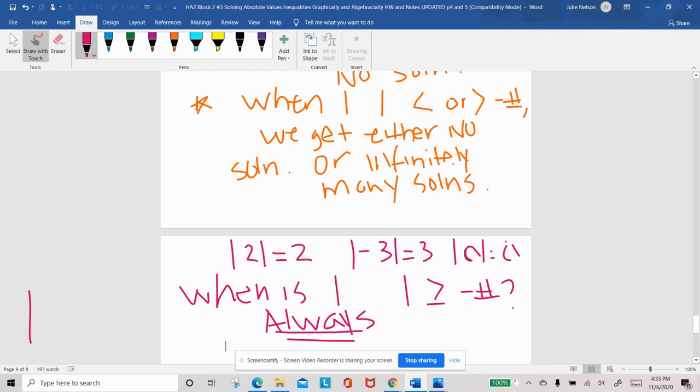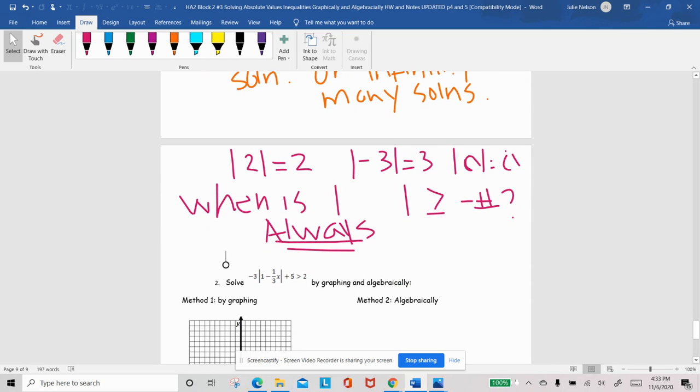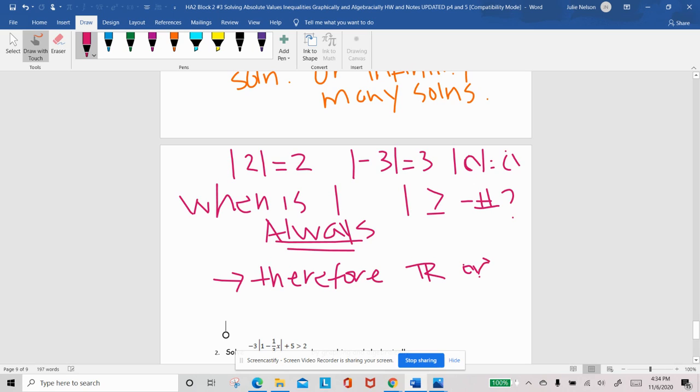And because it's always, an absolute value is always greater than or equal to negative, our answer is infinitely many solutions. Or you can put all real numbers. So either one: all real numbers or infinitely many solutions.